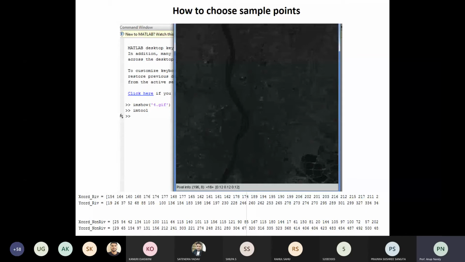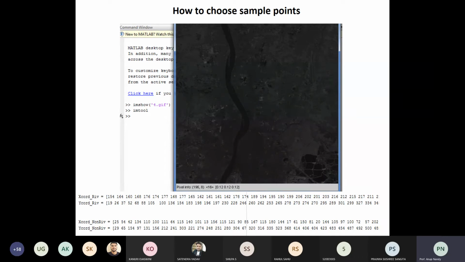For each location, you'll also get 4 different values, because you have the land covered area for the B band, for the R band, for the I band. So it is also a 4-dimensional feature vector.